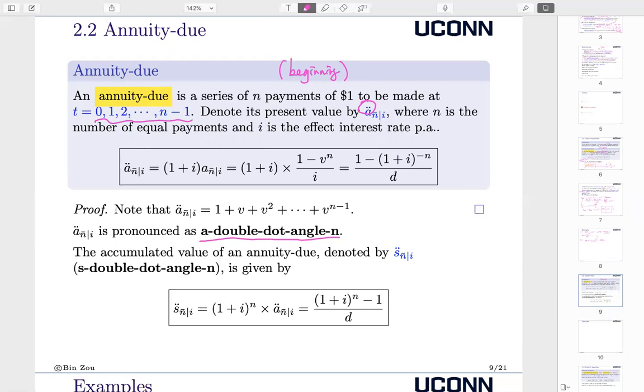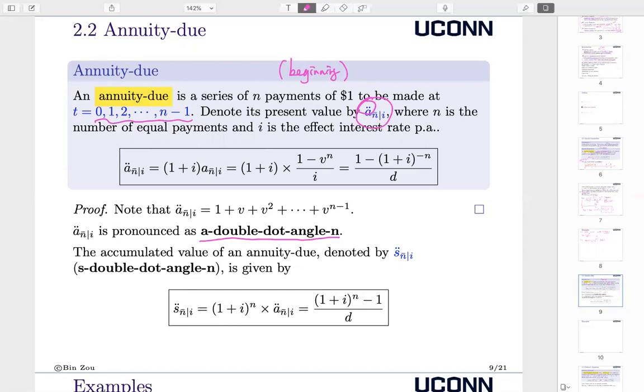Actually, you are supposed to memorize this notation, because on the SOA exam they will directly give you this, or directly ask you to compute without specifying the meaning of it. For example, they will ask you, what is this? Upon seeing it, you should know you are supposed to calculate the present value. This is the present value of annuity-due. When you see 2 dots, that's annuity-due.